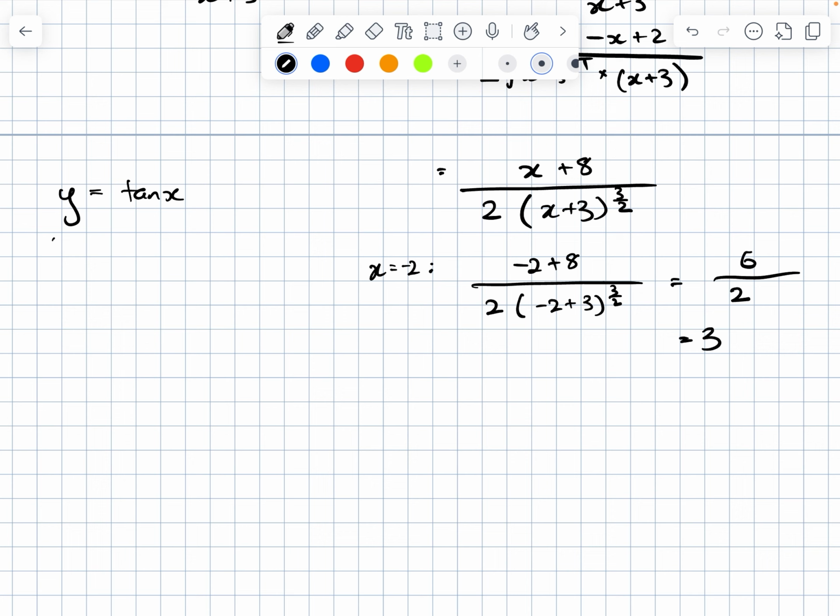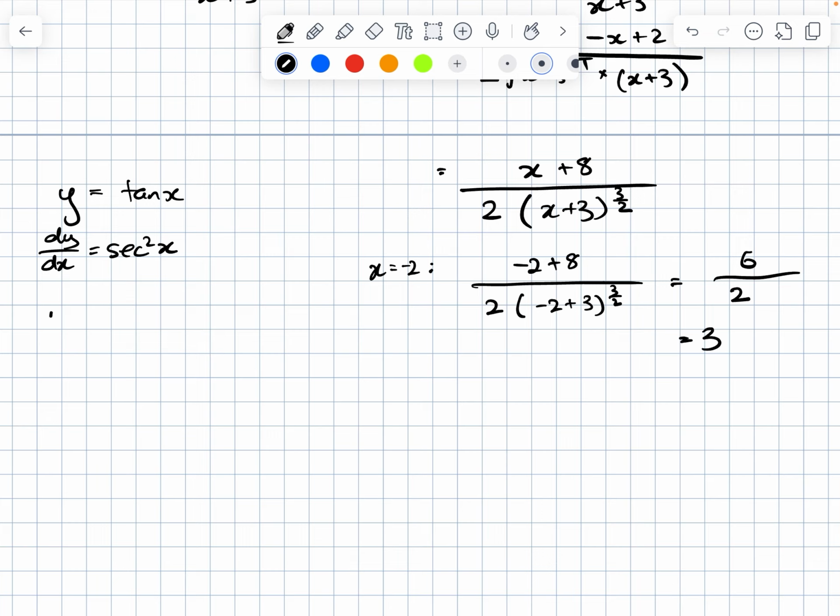Now, last example. In class, I showed that y equals tan x differentiates to sec squared x, and I didn't give any reason for that. So we know that dy/dx equals sec squared x. We are now at a point that we can learn why this is.